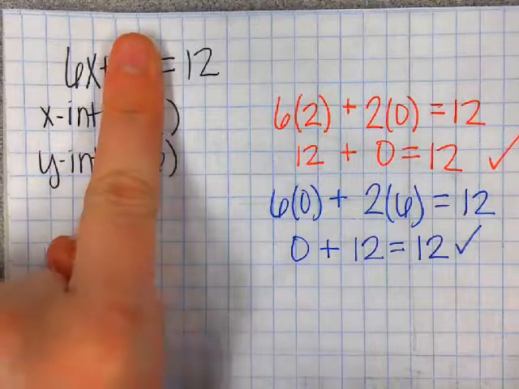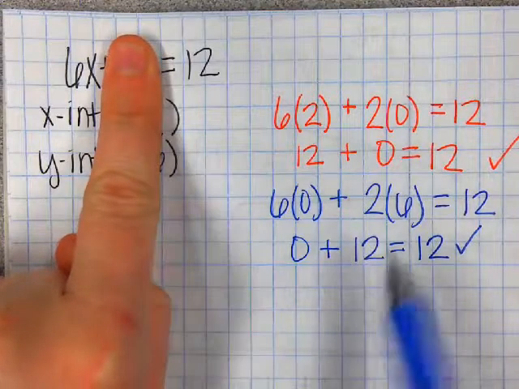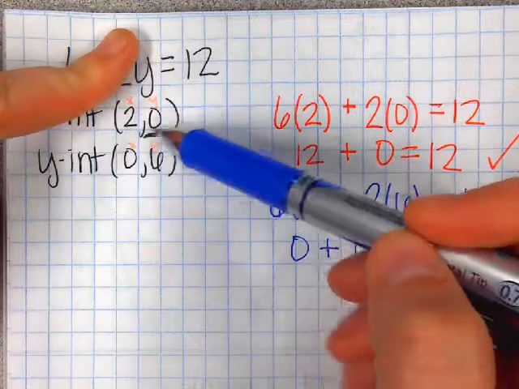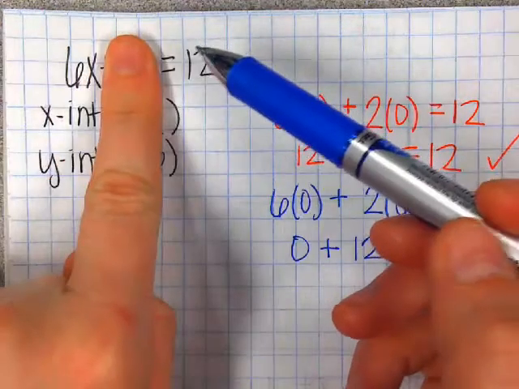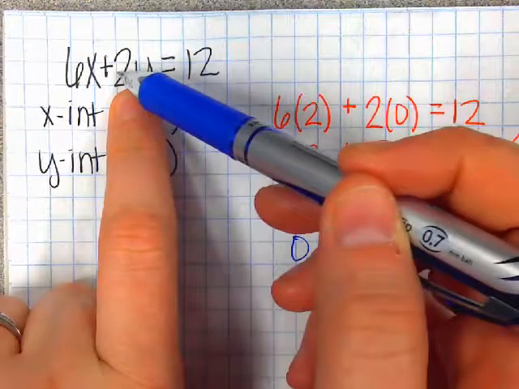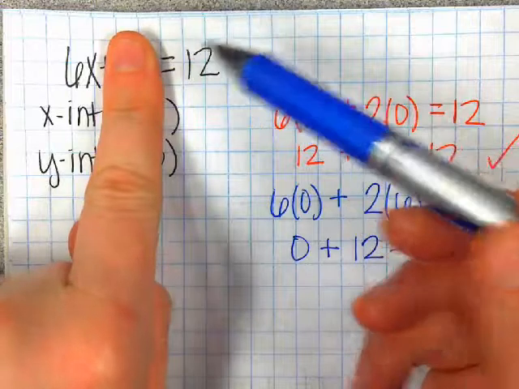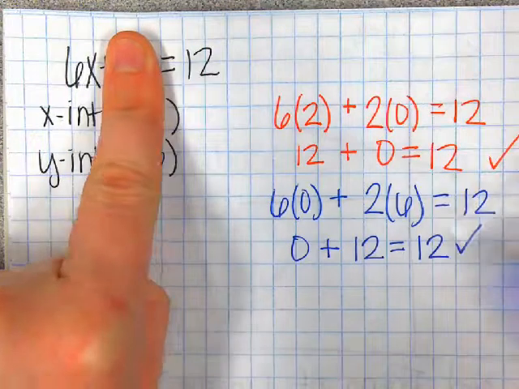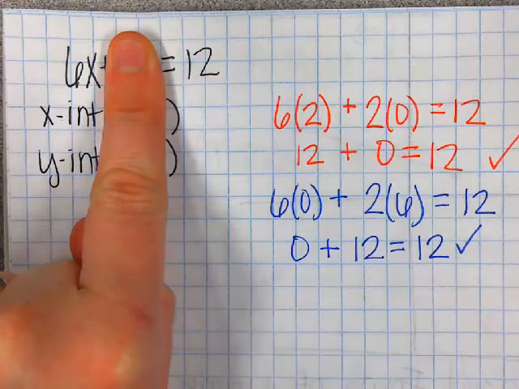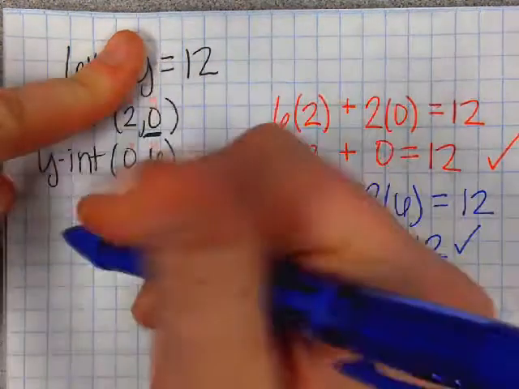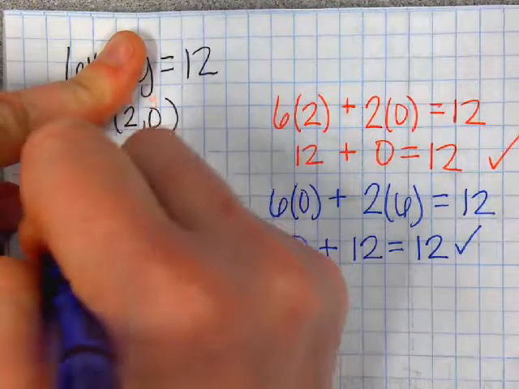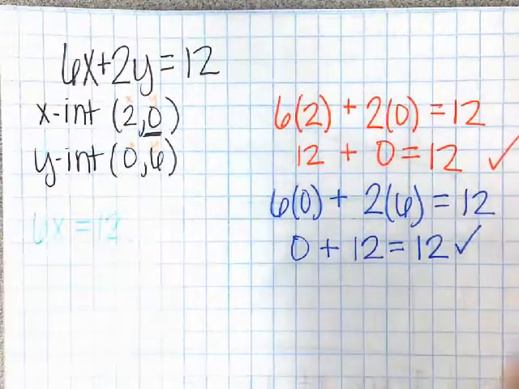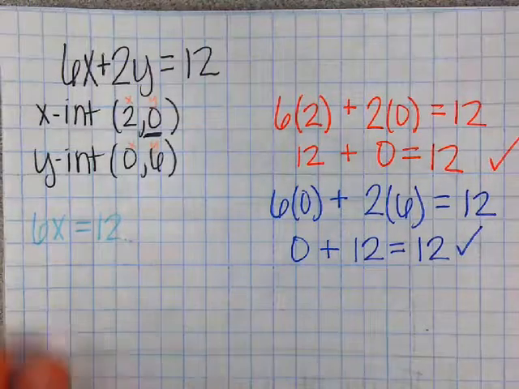Now, there is a trick to this. If you look at this equation and I cover up the y part, because when I'm looking for my x-intercept I'm going to use 0 for y, this cancels, because whatever this number is times 0 is going to be 0. So 6x equals 12.